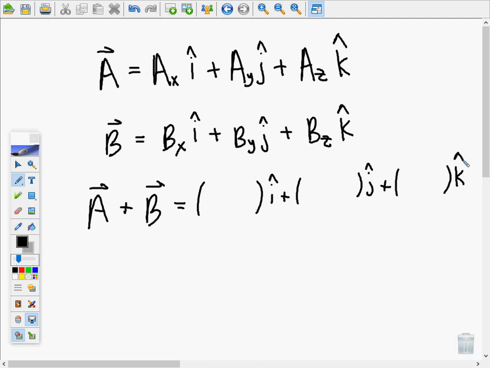And Nikhil, what would be that first expression times unit vector i? Yeah, you just add all the components going the same direction together.